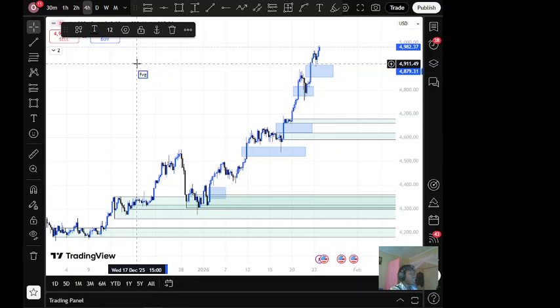What's a fair value gap? A fair value gap is a price imbalance on a chart, where price moves so fast that it leaves little or no trading activity in a range.